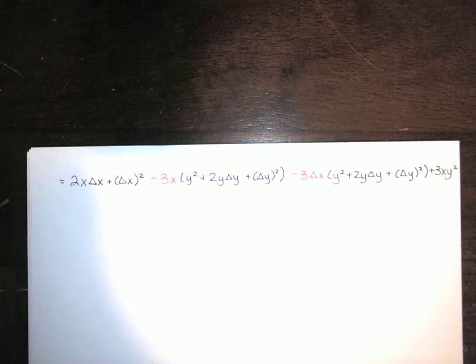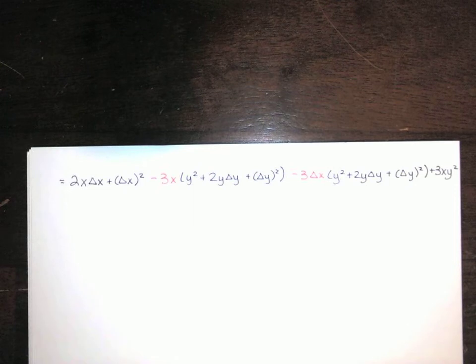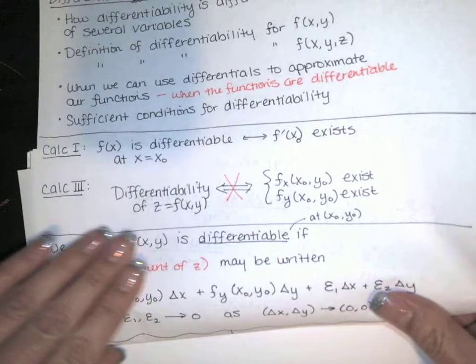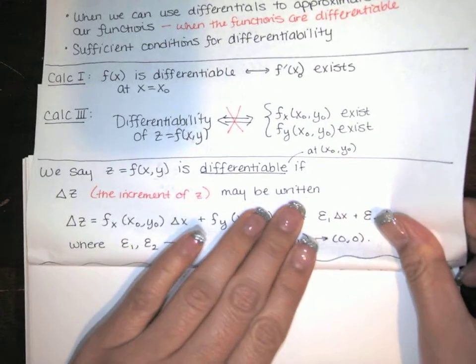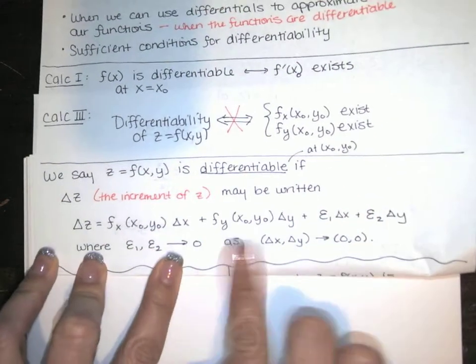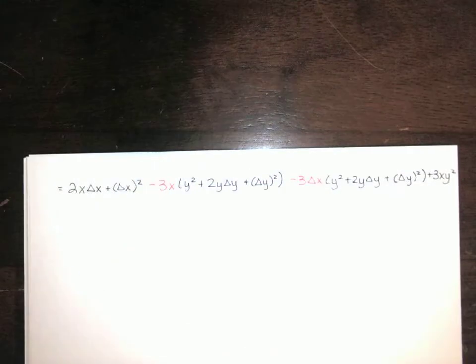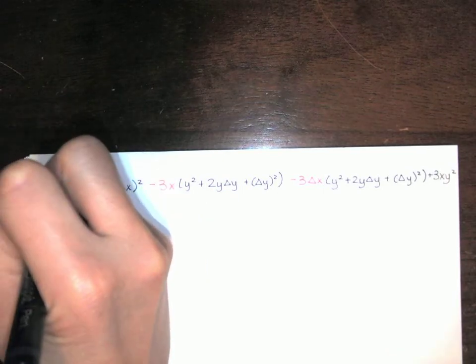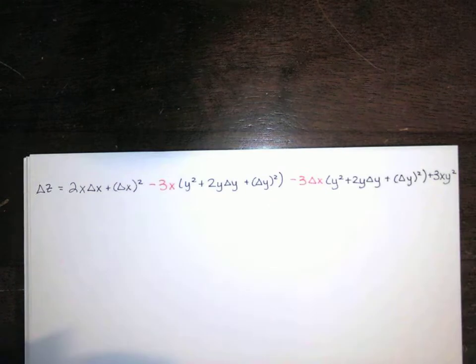I'm going to fold my paper with my definition of differentiability on it so we can see it. It's like we've got a goal in mind. This is what we're going for. We're going for this right here. We just need to be able to rewrite the expression we have, this ugly thing, which represents the increment of z. And we need to be able to write it this way.